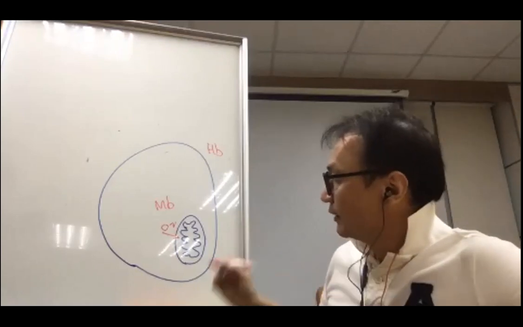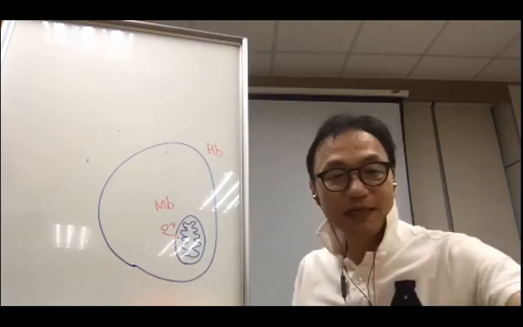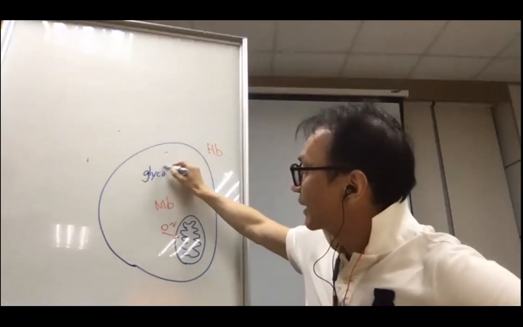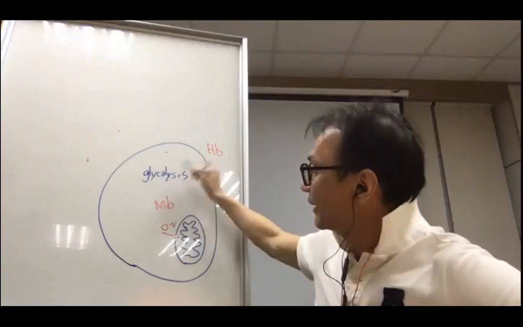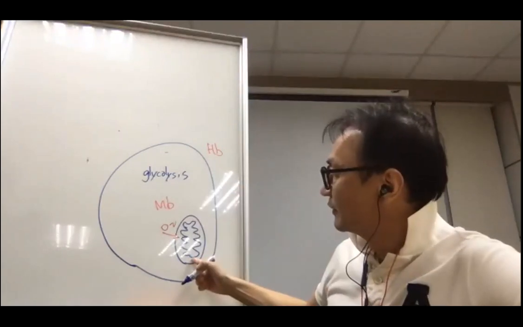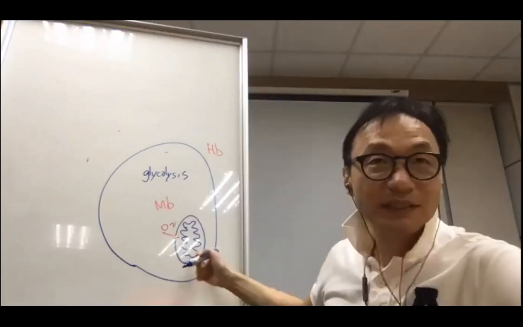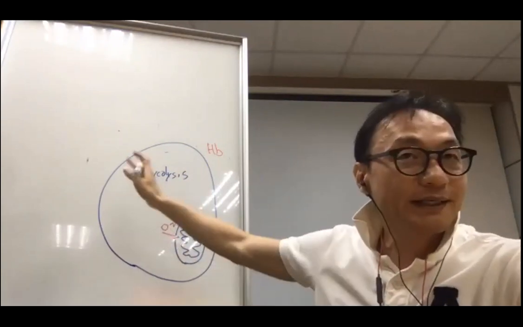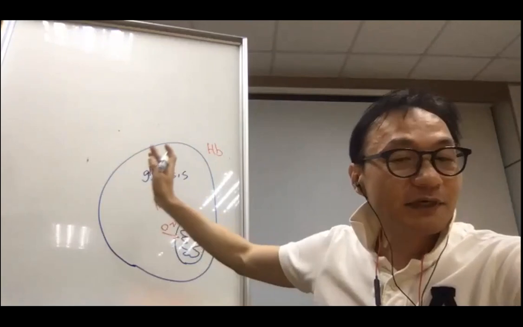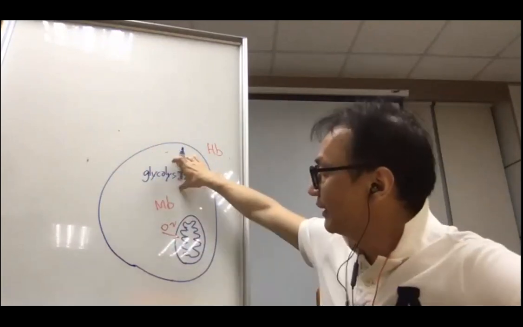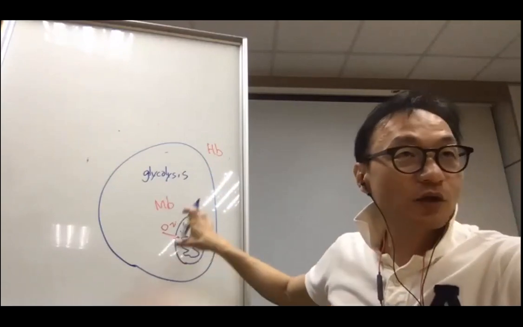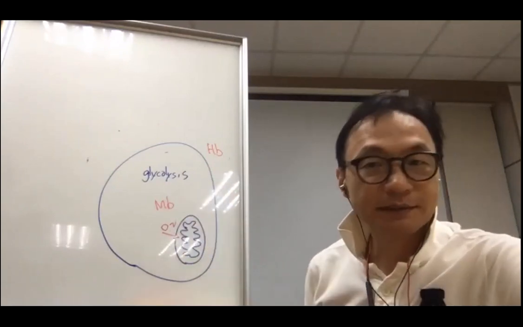Okay. So we have two metabolisms. We have glycolysis right here, and we have oxidative metabolism inside the mitochondria. And the ratio of the energy contribution from this or from here depends on the mitochondrial number.